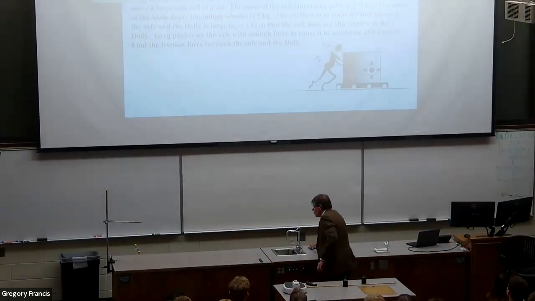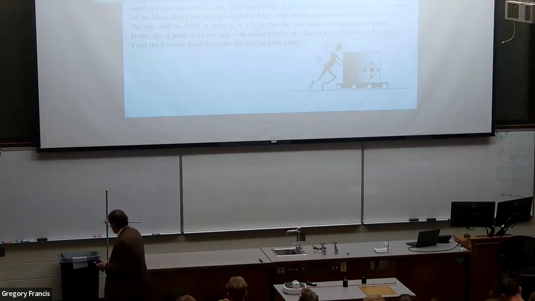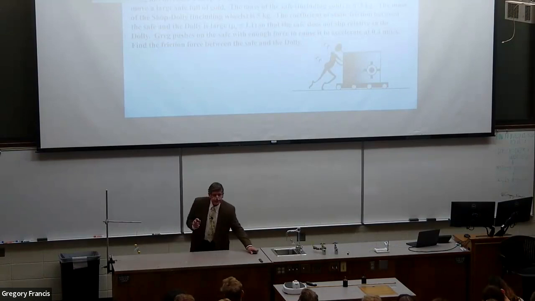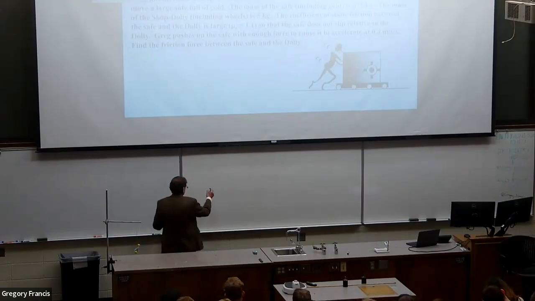And again, as I'm doing this problem, think of this as all dynamics problems. Follow this recipe. The first step in any dynamics problem is to draw a free body diagram of everything in the problem. So let's start with the safe.